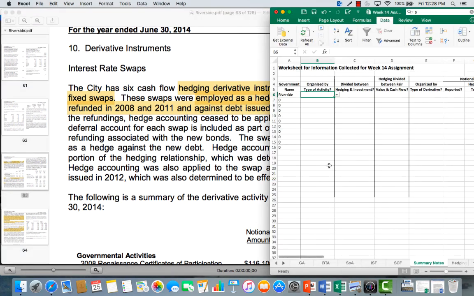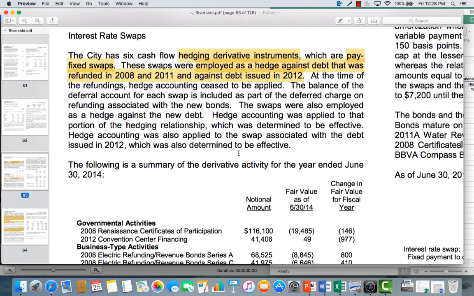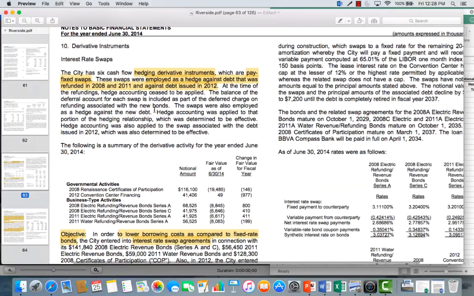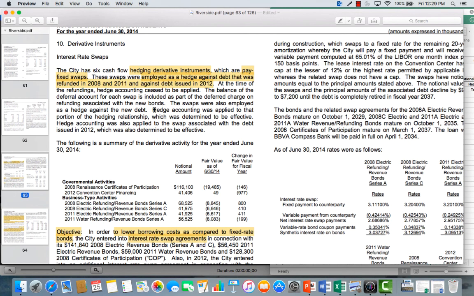Let's go back to that Excel file. And the first tab related to notes has to do with the required summary information about their derivative instruments. And so in looking at this, I think you're going to have to read through the entire disclosure at least once before you start trying to enter information into the Excel file.